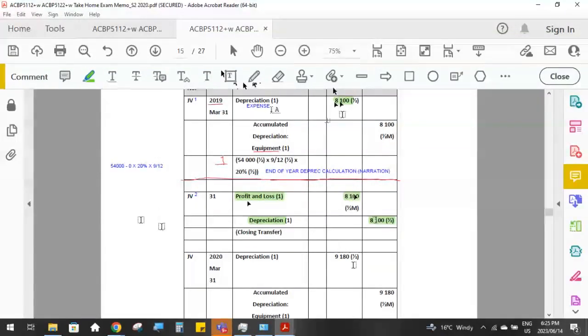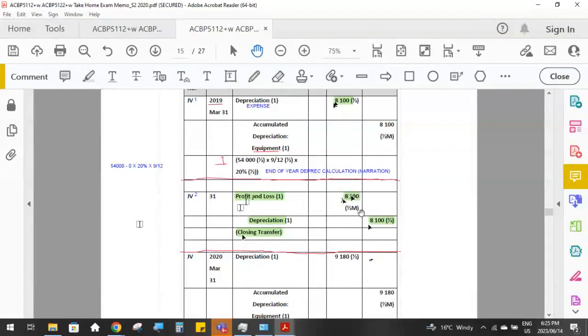And we transferred that debit into the profit and loss account. And remember, our closing transfers, we do this right at the very end of the year when we are trying to work out what our profit for the year was. We close off all our income and all our expense accounts to the profit and loss account so that we can calculate our profit. And then we have completed that journal entry and we rule a line.